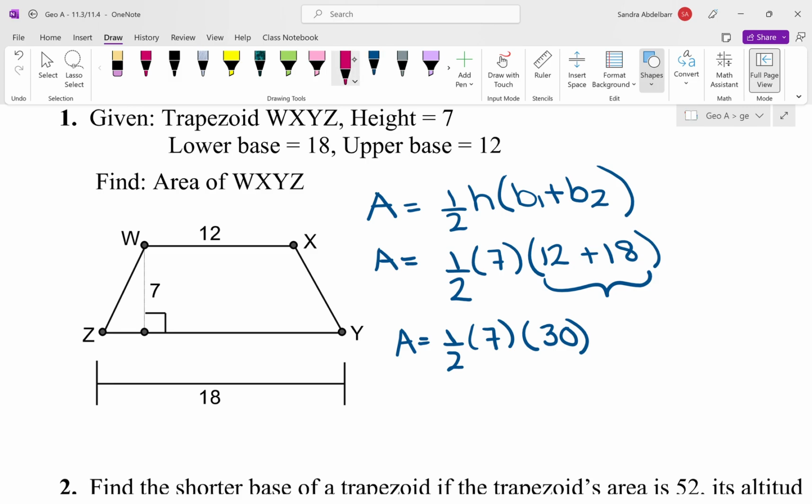Half times 30 is 15. So now we're left with 7 times 15, which is 105 units squared.